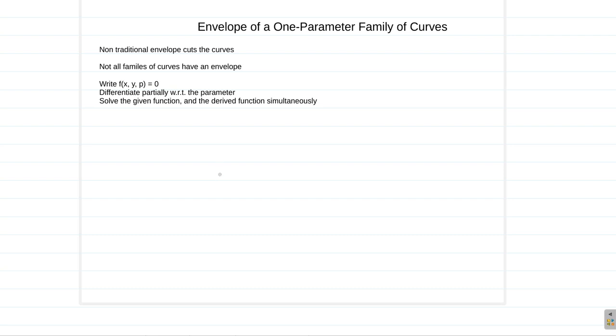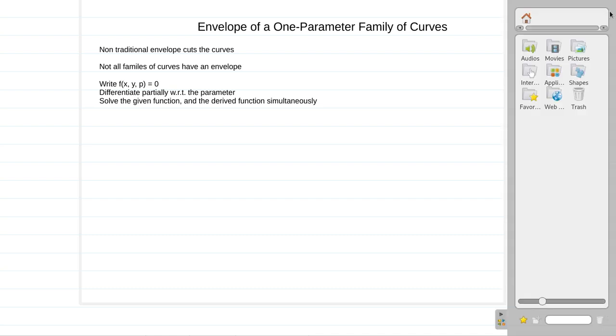Well, you can say it's a path that is traced out by a moving point when it maintains the same distance from a fixed point. See if we can get a circle here.